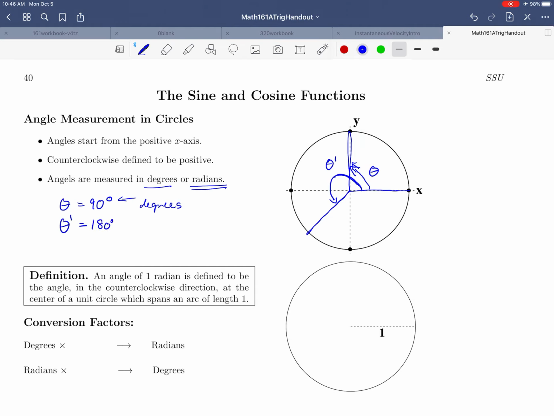So that is 180 degrees plus 45 degrees, which is 225 degrees. This is an eighth of a circle, that is 45 degrees. All the way around the circle is 360 degrees, so halfway around the circle is 180 degrees.